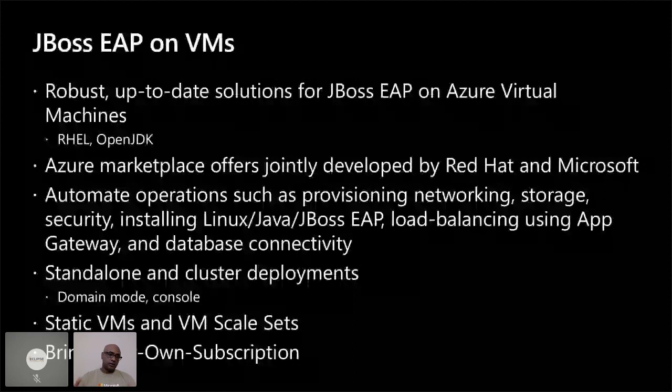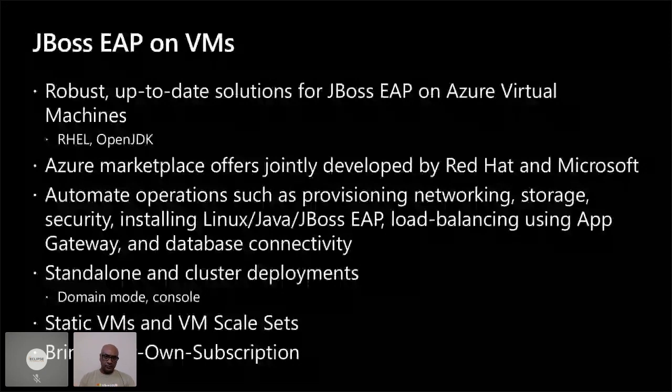If you wish, I'll show you in a moment, you can also automate creating a cluster of JBoss EAP instances and putting a load balancing solution in front of it. Today we support Azure App Gateway, one of the main load balancing solutions in Azure. It will do that for you.